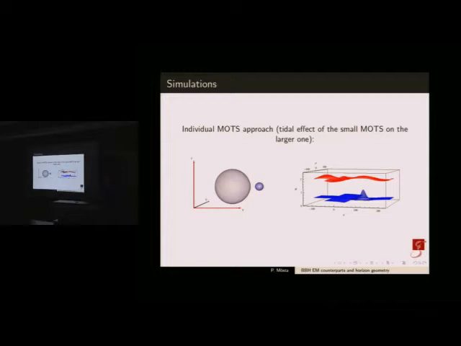We can see, and this is something we showed here on the right, that this side of the larger individual horizon gets distorted by the small one approaching as a tidal effect. But on the other side, I don't think we actually see something special happening. Okay, so as they approach, the smaller horizon has a tidal effect on the larger one.